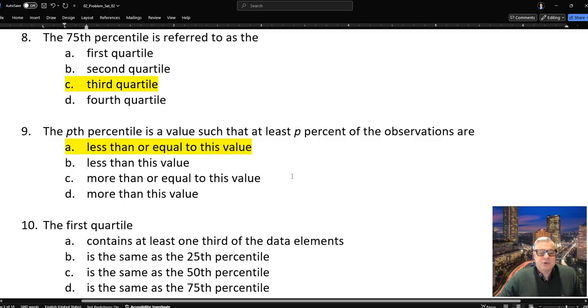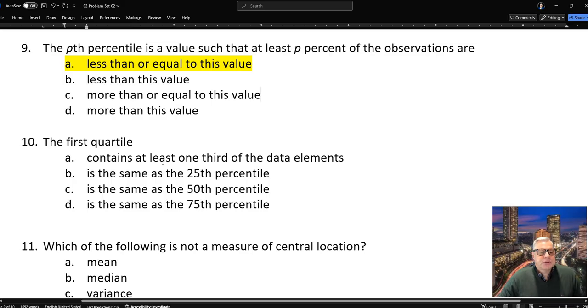So again, if you take a test and you are given your percentile, and let's say your percentile is 95%, that means 95% of all the people who took the test either did worse than you or have the same score.